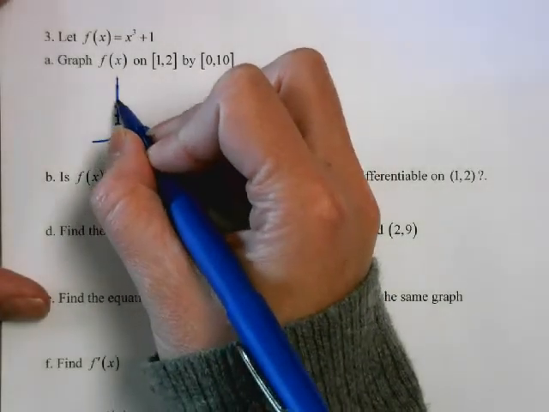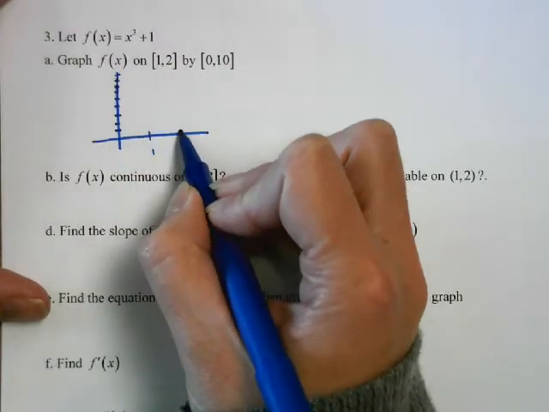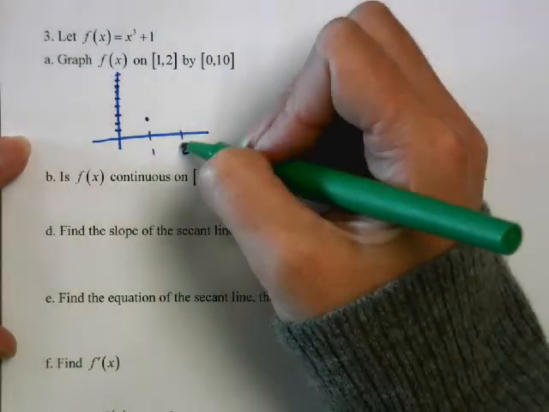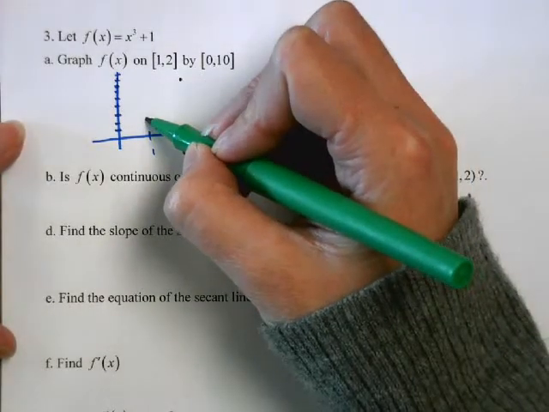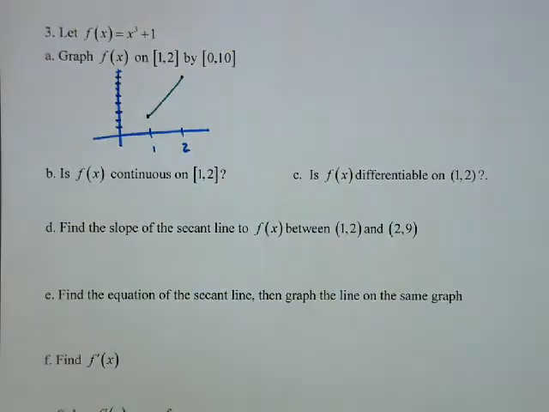So 1, 2, 3, 4, 5, 6, 7, 8, 9. I'll just put 1 there, 2 there. So f of 1 is 2, and f of 2 is 9. So it's just going to increase like that. It's a little bit tough to see this, but we'll work with it.